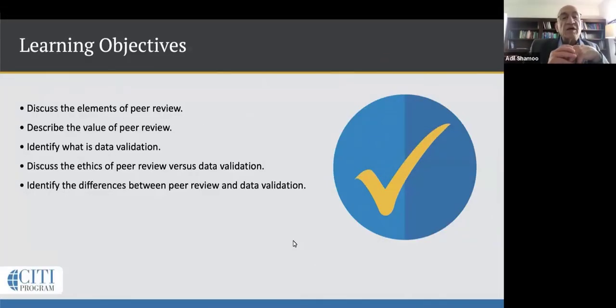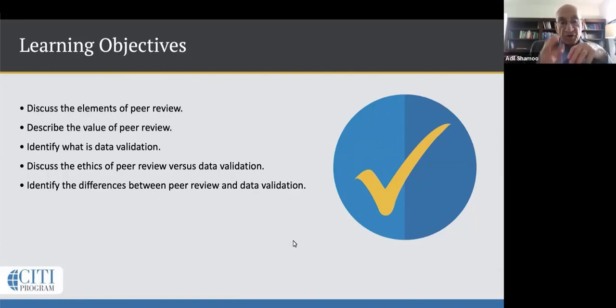What we are going to discuss, to put it in a framework, is the elements of peer review, the composition of peer review, and the value of peer review. There was a value in it, that's why it was introduced. Then we will identify what is data validation.